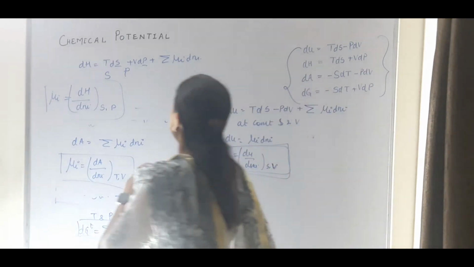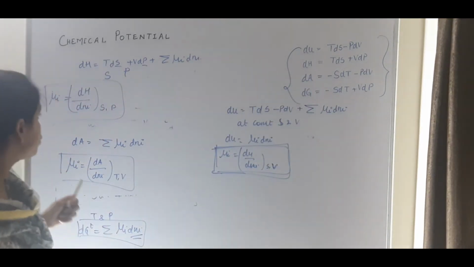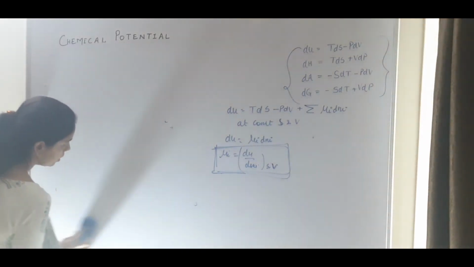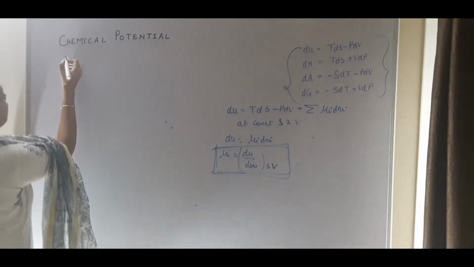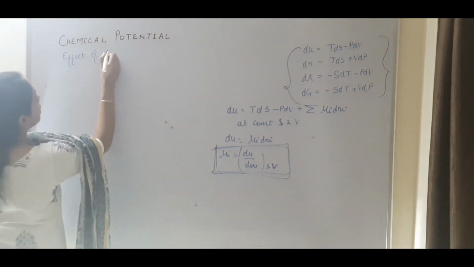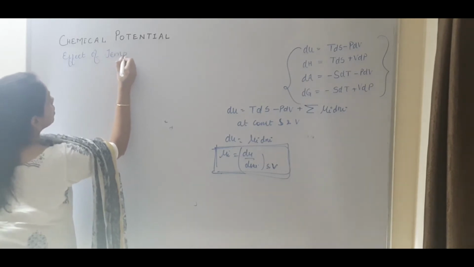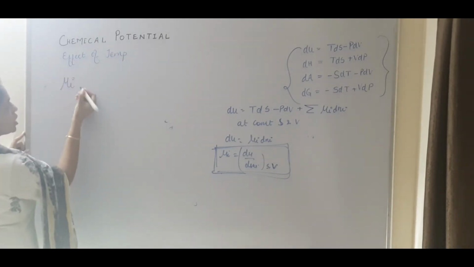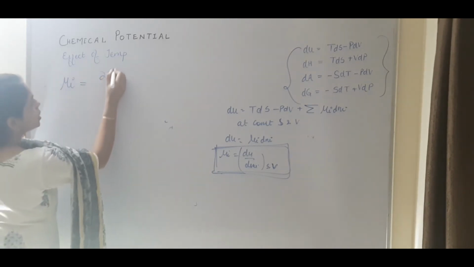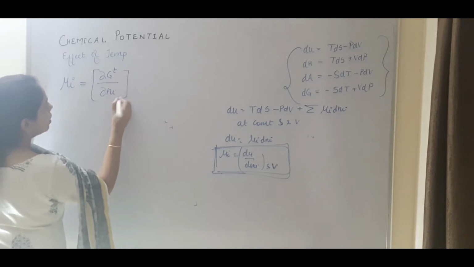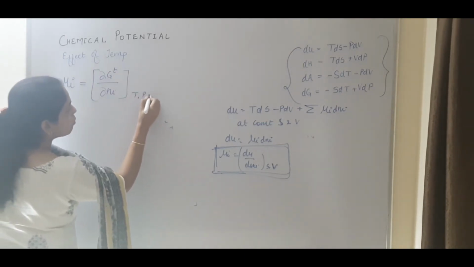Now let's talk about the effect of temperature on chemical potential. We know two relationships. The first one is mu i equals ∂G_T upon ∂n i, where temperature, pressure and the other mole numbers are constant.